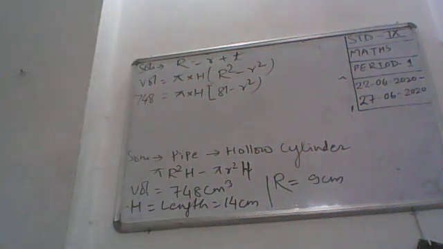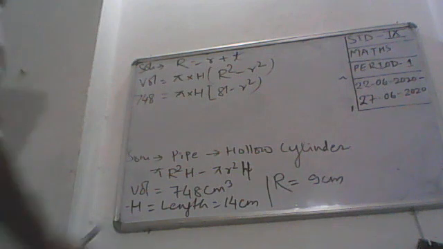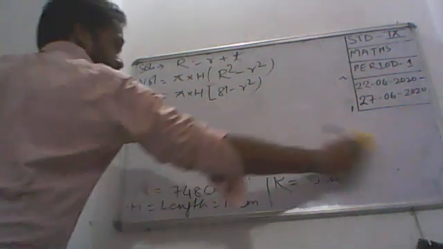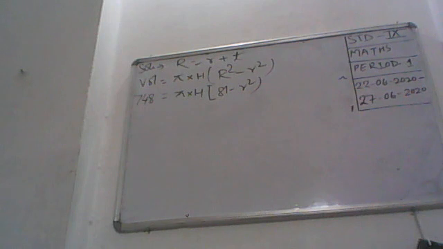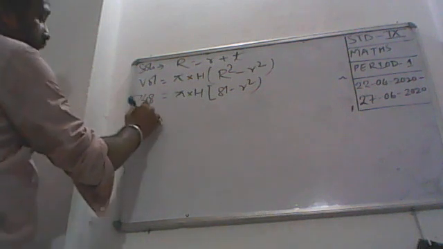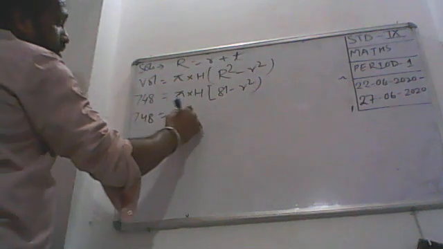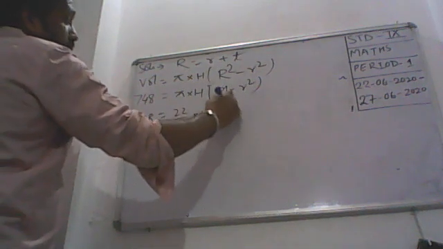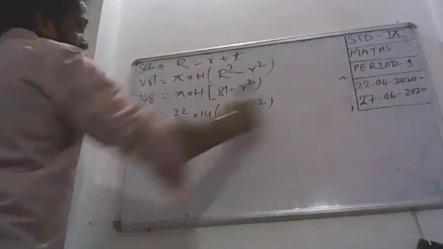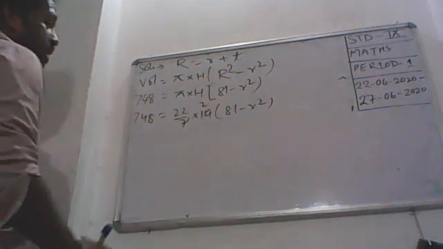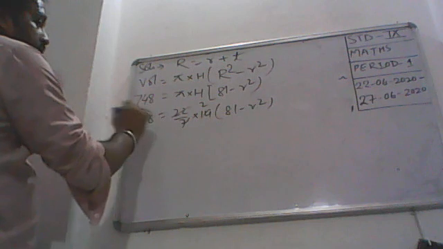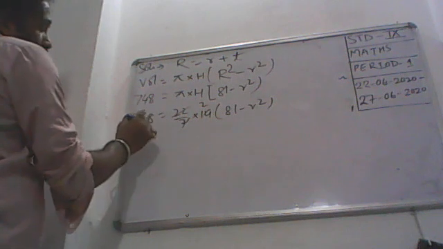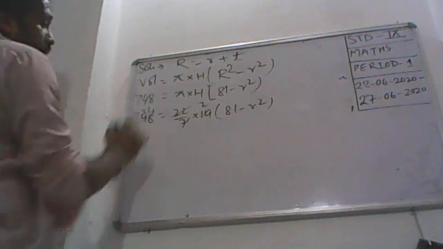Now I will just solve it. 748 is equal to 22 by 7 into 14 into 81 minus r square. 7 twos are 14, and 22 times 2 is 44, and 748 divided by 44 is 17.